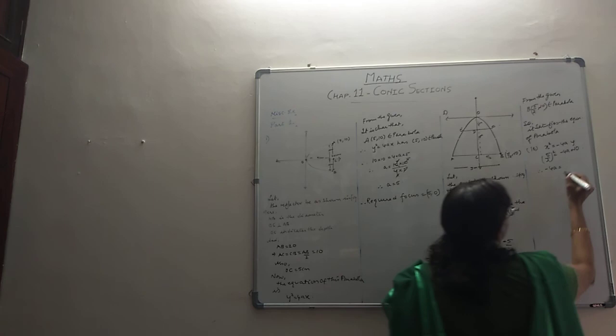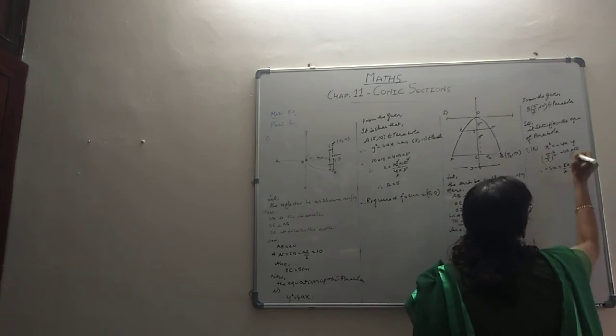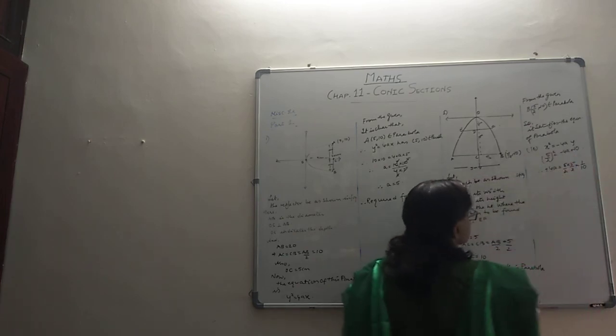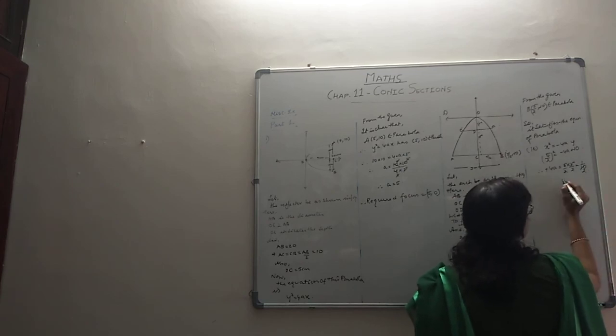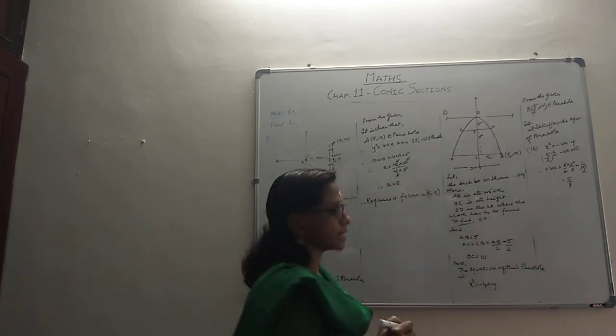So it's 4a equals 5 into 5 by 2 into 2, and the 10 has to go on the other side. Minus into minus will become plus. So you will get 5 by 8. So 4a has become 5 by 8.